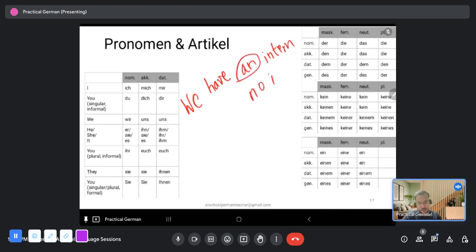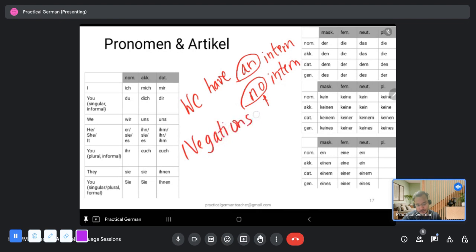We have no intern, this is the negation article, right? I know it's difficult going from English to German, but in English we don't call it an article, while in German, if you have to say this, you will have to use an article. What is that called in Deutsch? It's called the negation article. Okay.